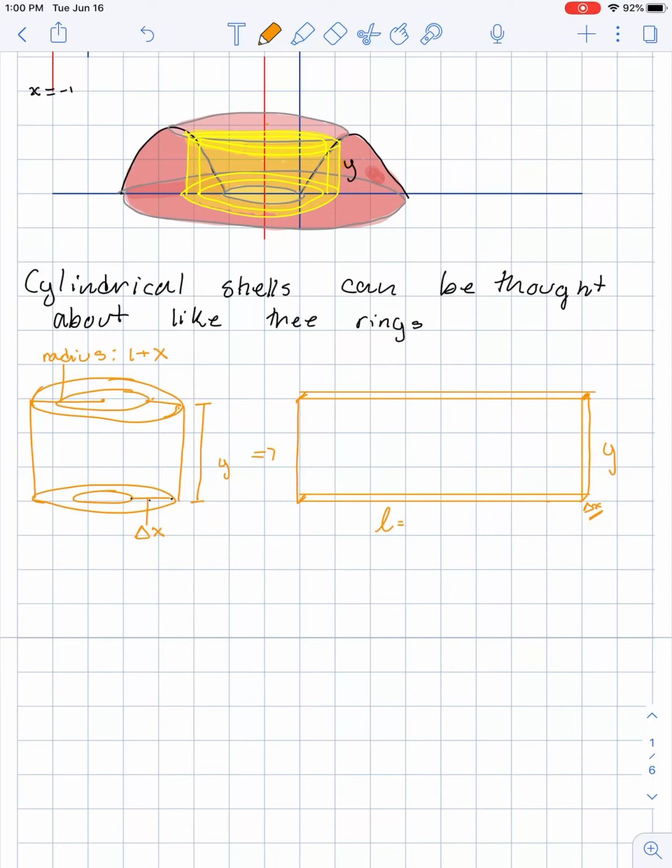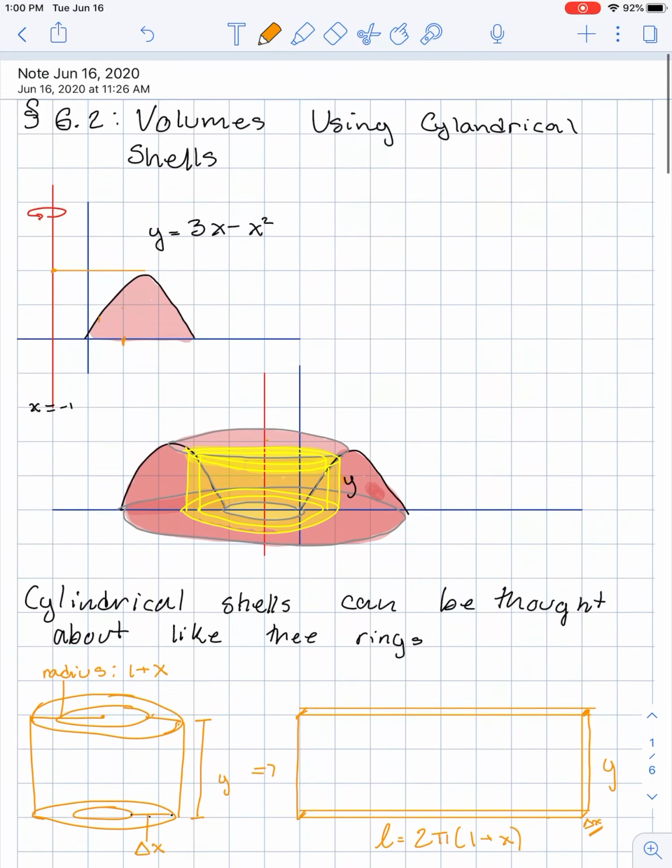Think of putting a little piece of paper down. It technically has a thickness, but think of it as 0 thickness. So our length is going to be the circumference, which is 2 pi times the radius, in this case 1 plus x.